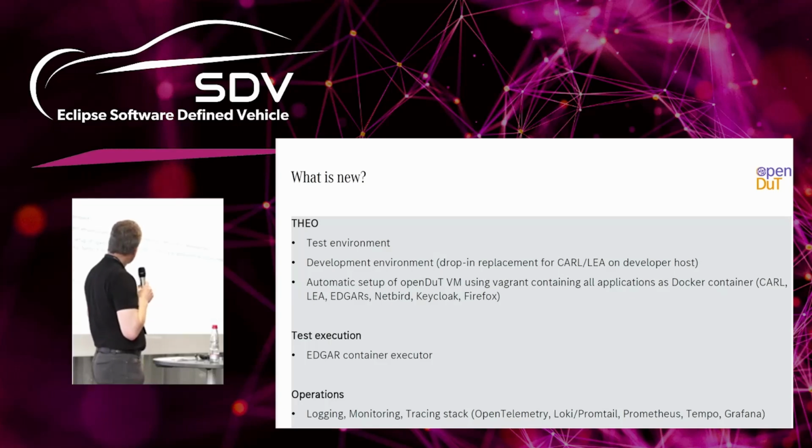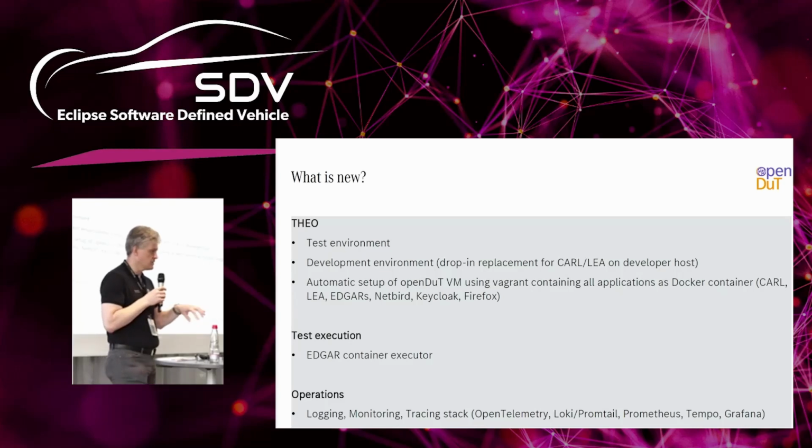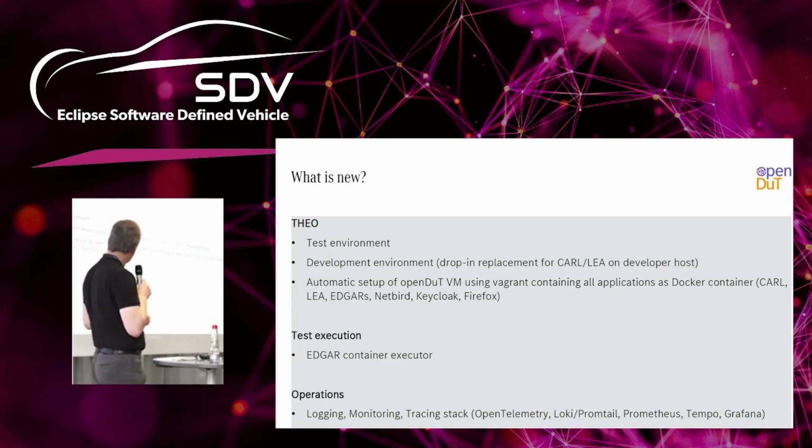As you see here, also the Keycloak or Firefox browser to run the front end when you want to access it. We can operate the test environment in two modes, in normal mode and development mode. In development mode, you can use it to develop your server components, like as a drop-in replacement. You have it on your host, you develop it on your host, and it connects to the other services inside of the VM. So it's easier to develop your server components.